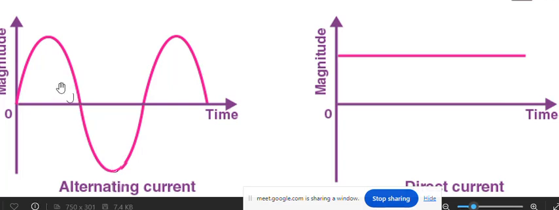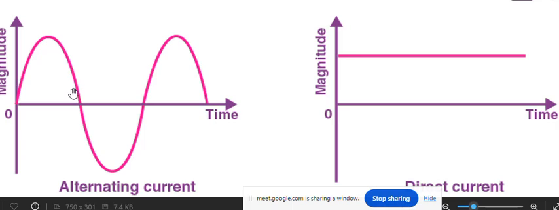This is the kind of current that powers our appliances, our light bulb, our computer, our microwave, our fridge. But the point is that this happens so fast that you don't see your fridge turning off and coming back on. The time it takes to switch between one side of the graph and the other, that is between positive and negative, is so fast.